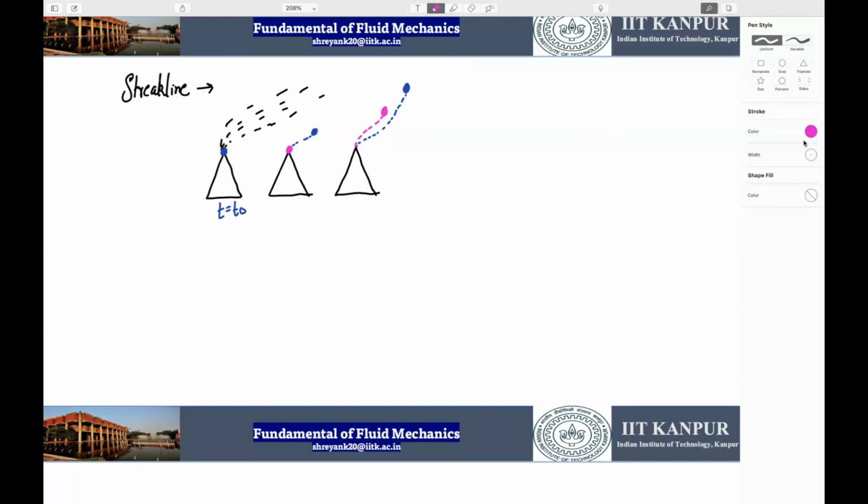Okay, and at the same time we are injecting another particle here. So maybe this is t1, t2. After some time t, this is following this path line, this is following this path line. We'll check the path line followed by the orange particle.